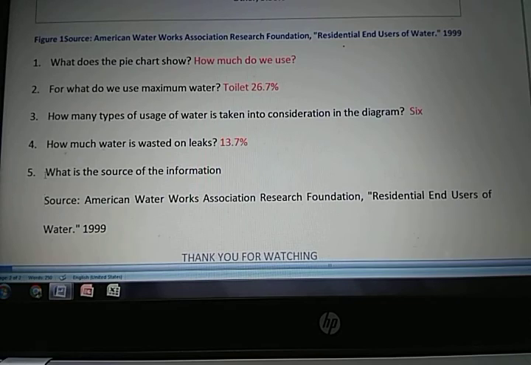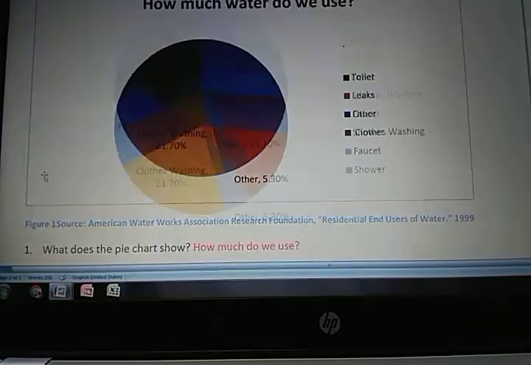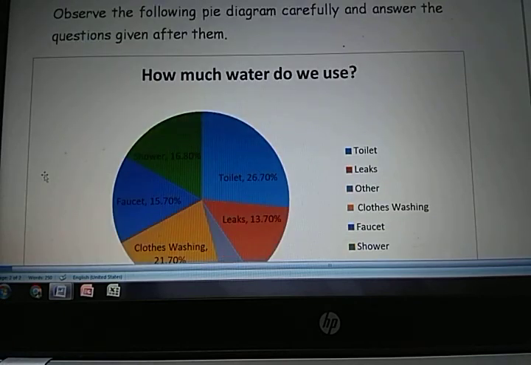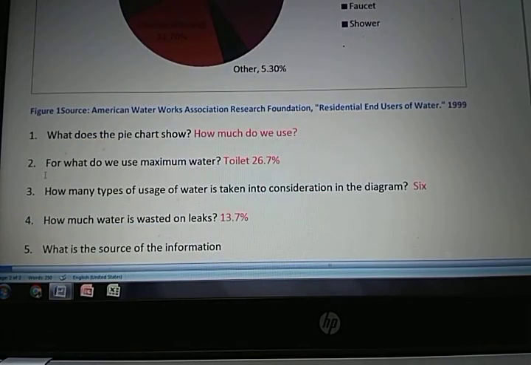Only your attention is needed. You need not add anything. Whatever information is given in the pie diagram, you just have to identify that and copy that. That's all. Clear? I think you understood today's lesson.